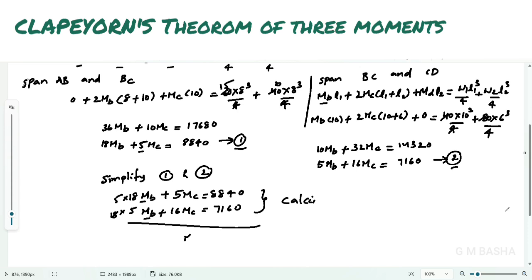So here you will get MC unknown. Whatever MC unknown you get, again substitute in the equation, you will get MB at that time. So if you do it manually, it will take around 5 to 10 minutes based on the simplification. So my suggestion is better do with the calculators directly. You will get MB and MC values.